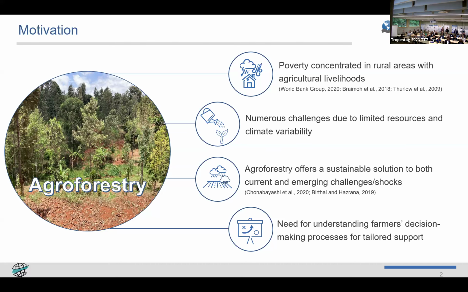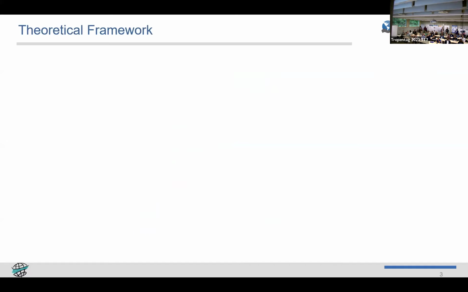We see the need for understanding the farmers' decision-making processes for tailored support. So we want to deepen the knowledge on how farmers make their decisions in the agroforestry context, to create policy approaches that are tailored to this system and to increase agroforestry adoption in the end.